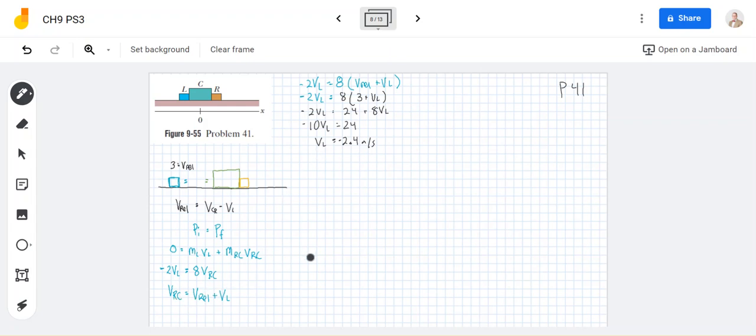So 3 is equal to something minus negative 2.4, so there's got to be 0.6 meters per second.